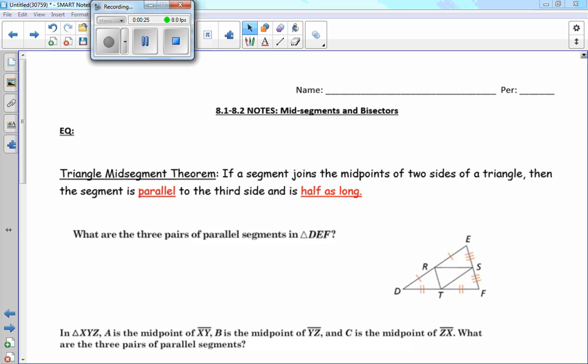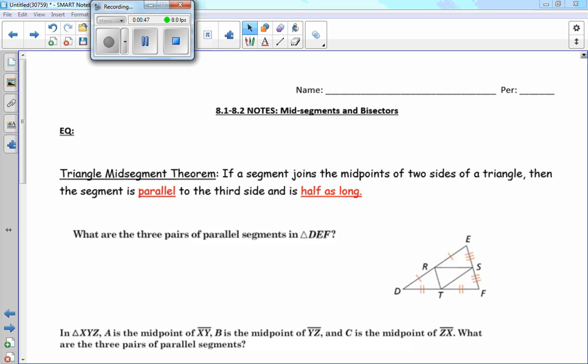Okay, what we found was a special relationship between this mid-segment, L to N. A mid-segment is made by joining midpoints. Remember how we found L was a midpoint and N was a midpoint?